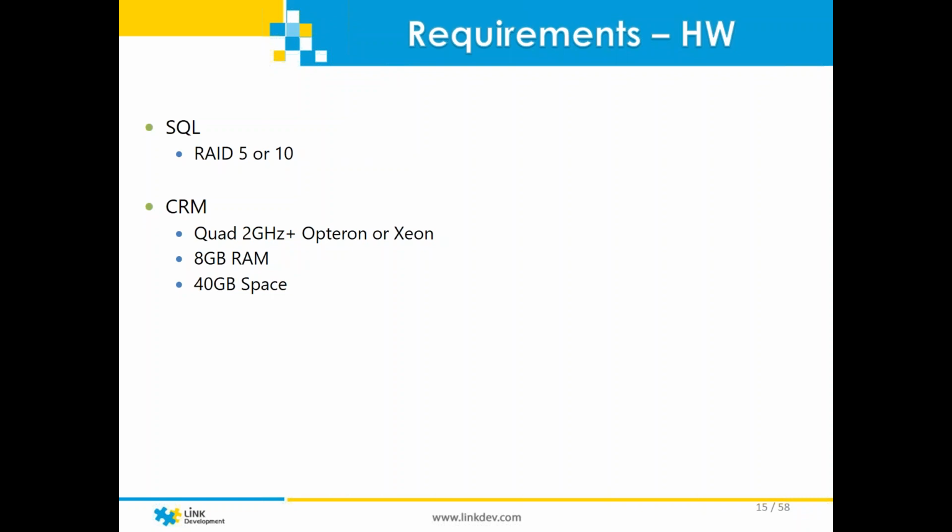Just I'll give you an idea of what is RAID. RAID is a hard drive configuration. So, for example, if you have one hard drive, that's not in a RAID setup. If you have two hard drives, you can connect them in parallel, so that you have better performance. That's RAID mode 0.